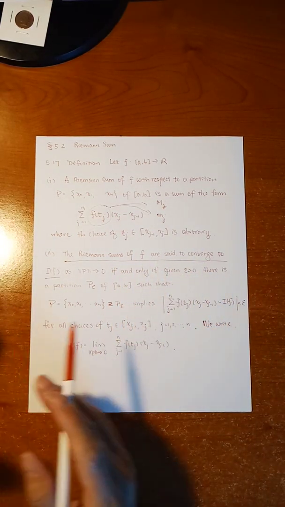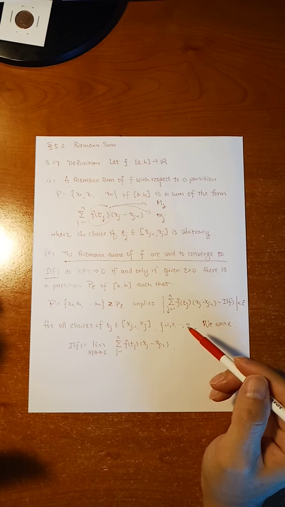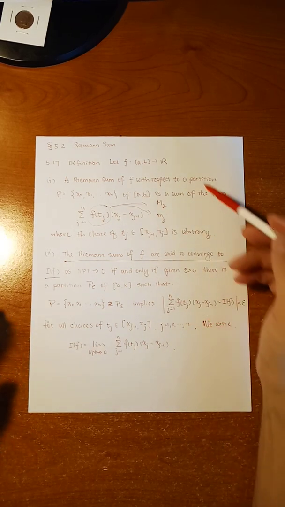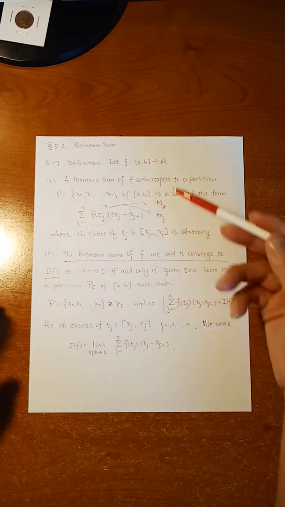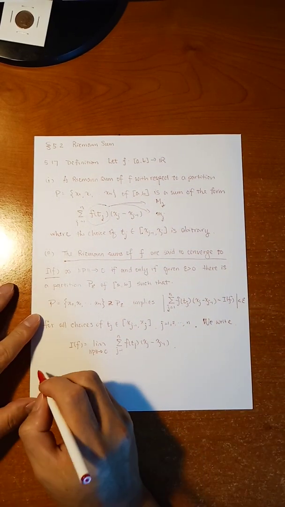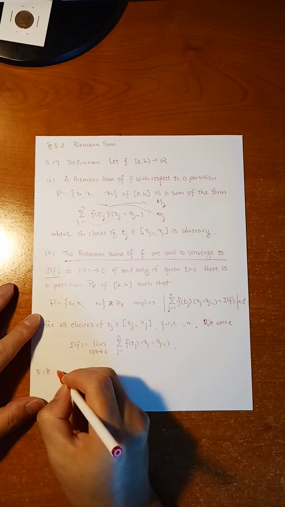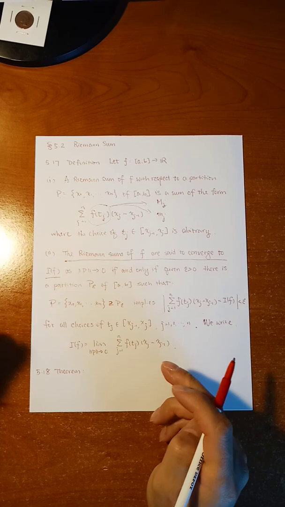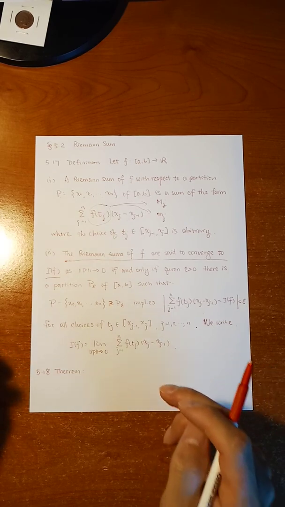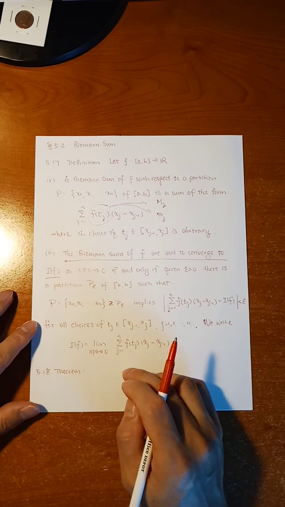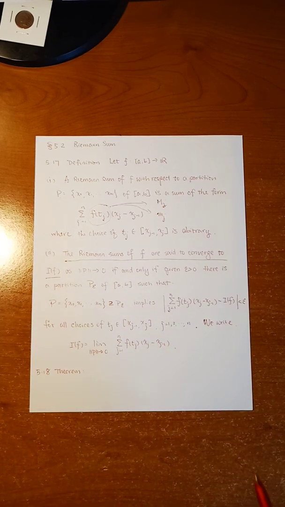And we learned integrability and the integral of the function with respect to a partition and a similar formula. In the next theorem, we're going to show that I(f) is actually the integral of the function when it is integrable.